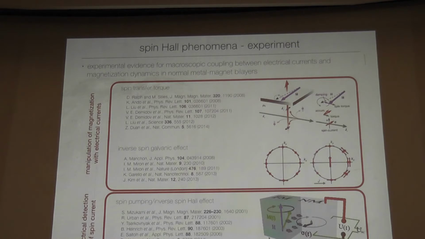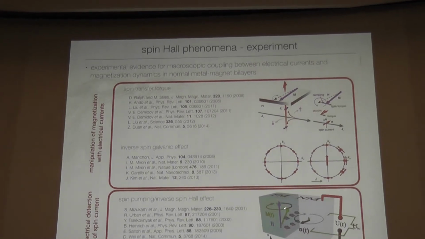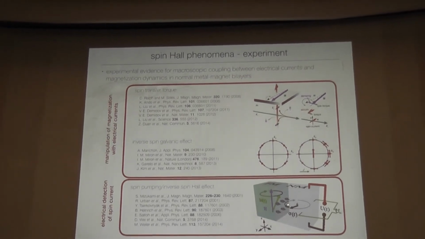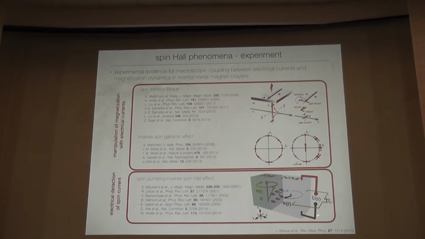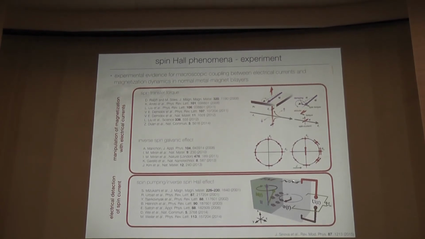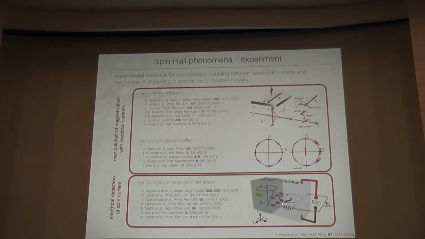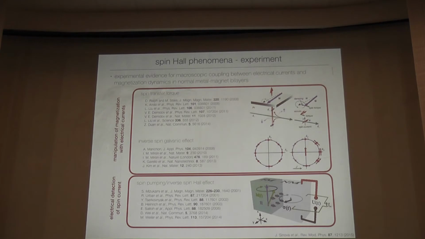In this kind of experiment, the charge current is not excited, but instead you use magnetic resonance to excite the magnet. If the ferromagnet then undergoes magnetic precession, the dynamic magnetization can pump spin current into the adjacent normal metal, and the spin-orbit coupling inside the normal metal can give rise to a transverse charge current, which can be detected as a voltage drop across the normal metal.